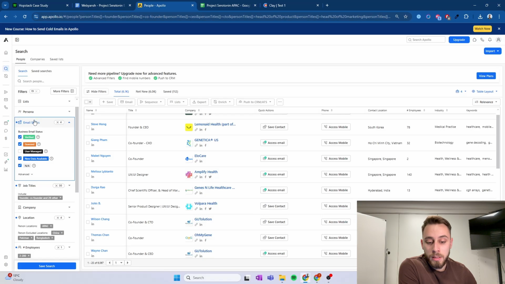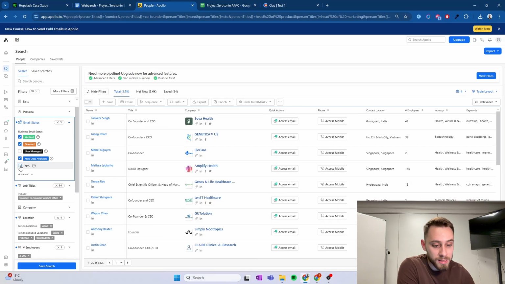First of all, we're gonna be checking the email status of the lead lists. So in this case, we have marked verified and guessed, but also the unavailable ones, because we're gonna be using software like Find Email to find the email addresses that are not on Apollo, because if you exclude that, you're gonna see that from a 6K list, we get only 3.7.